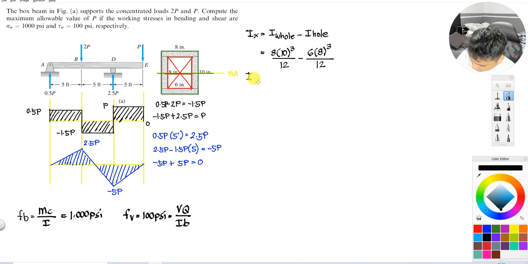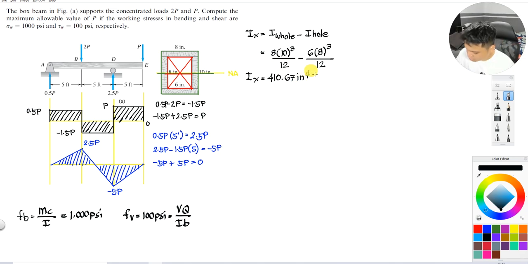So, I have now the Ix. Okay? So, my Ix would be 8 times 10 cube all over 12 minus 6 times 8 cube all over 12. So, that is 410.67 again inches to the fourth.